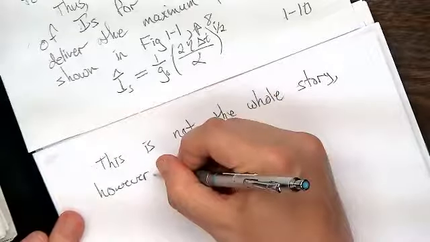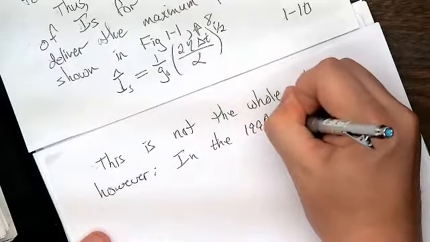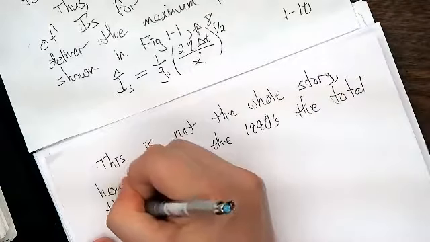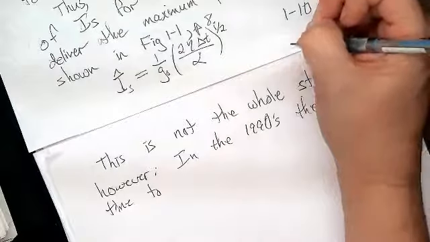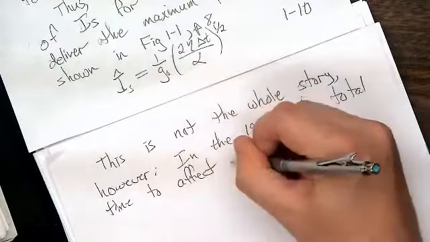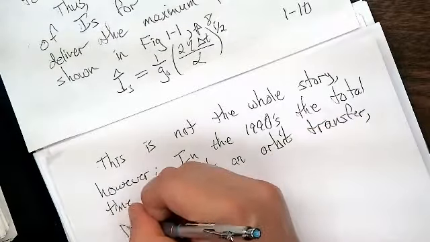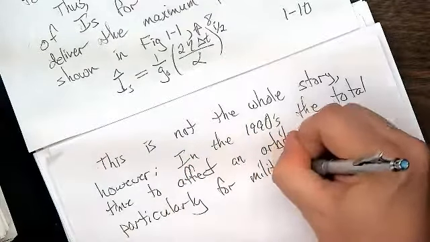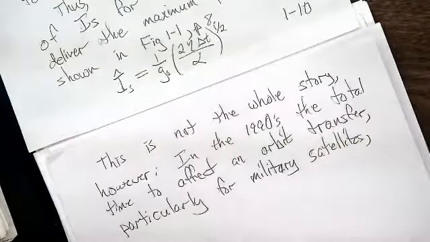However, in the 1990s, and I think I mentioned this in the last class, the total time to affect an orbit transfer, particularly for military satellites, prevented the rapid adoption of EP.